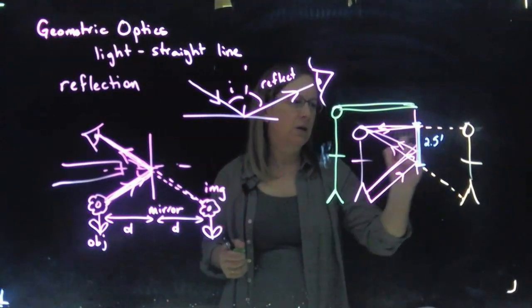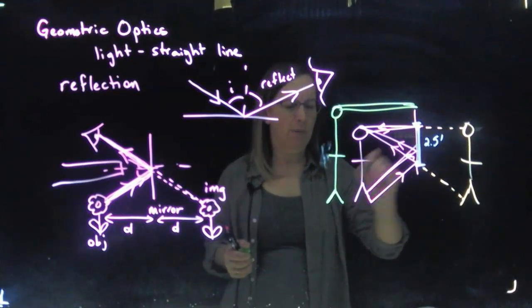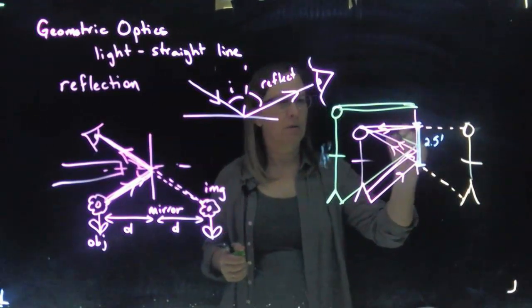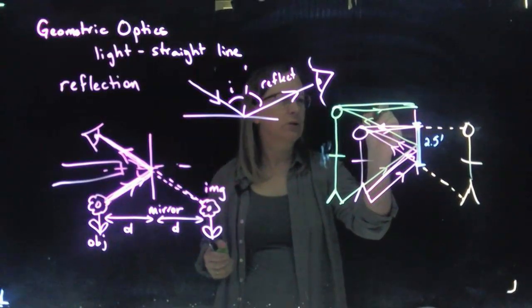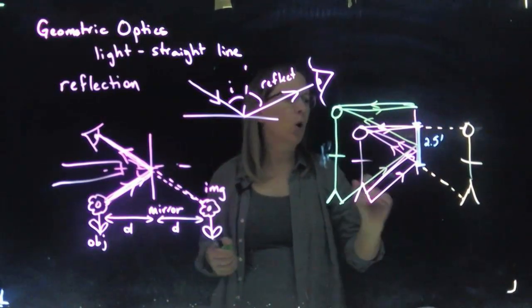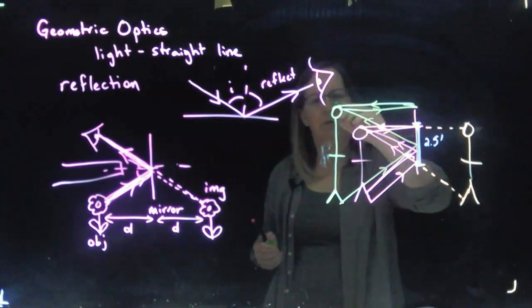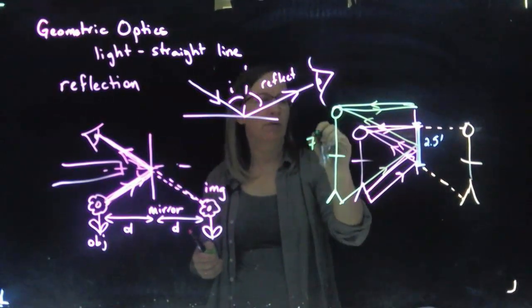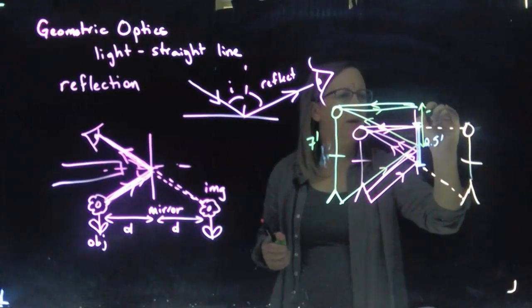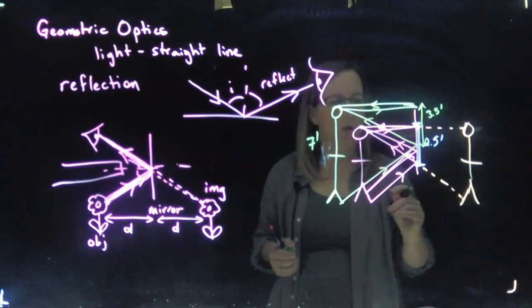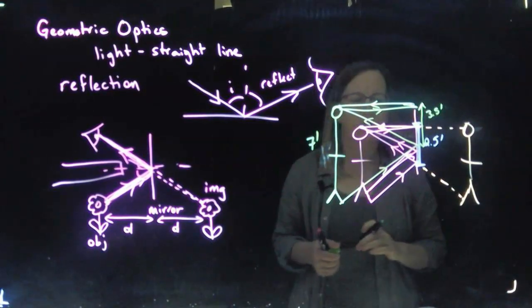And the bottom of the mirror needs to be about here, right, for this very tall person to see their whole body. And so this person, if they're, we'll say, 7 foot tall, then they need a mirror that is 3.5 feet tall, but they need it placed in a different place.